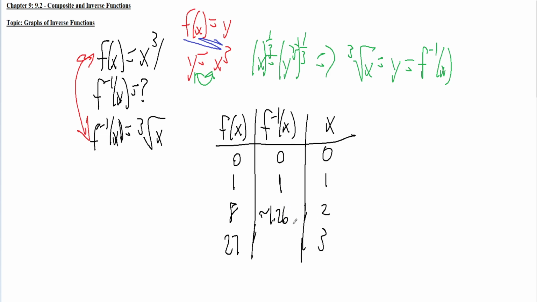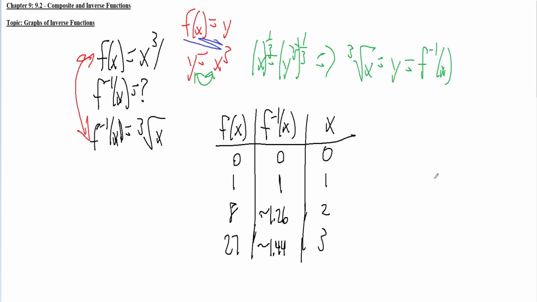It's approximately 1.26, and then the cube root of 3, let's see, that's about what the square root of 2 is. Kind of close, right? Let me see. Yeah, they're kind of close to one another.